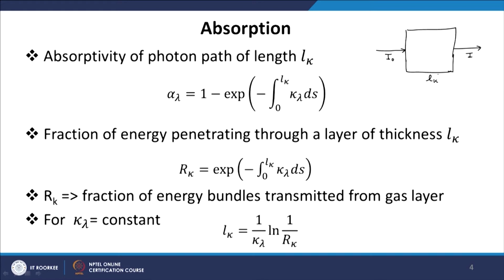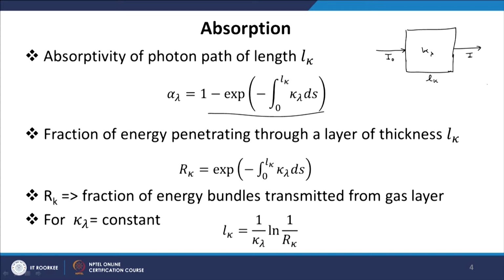We have used the subscript k because different volumes will have different absorption coefficients. Here we are talking about a single volume. So this absorptivity may also depend on wavelength. This is the amount of radiation that is absorbed by this gas layer of thickness Lk and absorption coefficient kappa lambda.